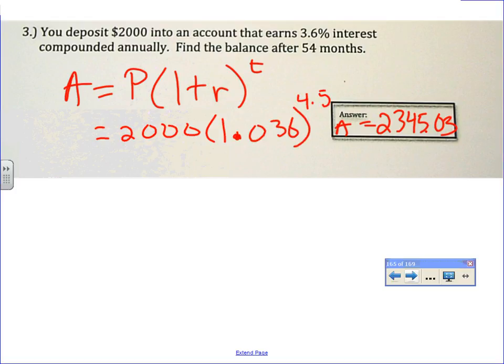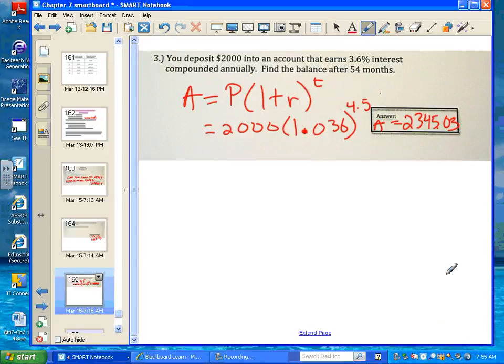You need to convert months to years. So 54 months is 4.5 years. And then 1.036 raised to the 4.5 power you need to do first. And then times 2,000. You okay? The wrong formula.